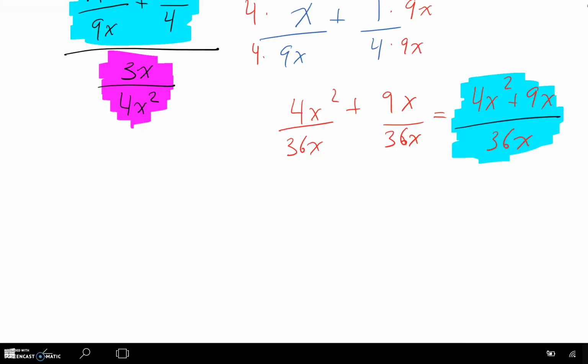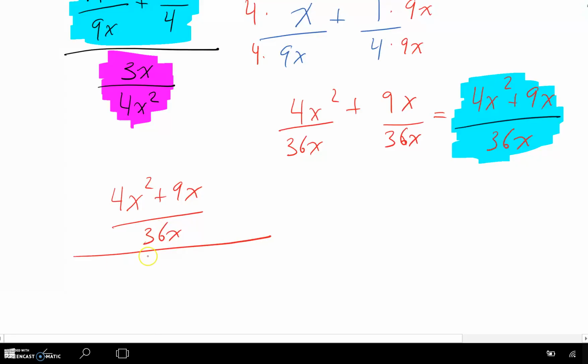So, rewriting the whole thing, we have our 4x squared plus 9x all over 36x all over, let me color code, 3x over 4x squared. Okay?